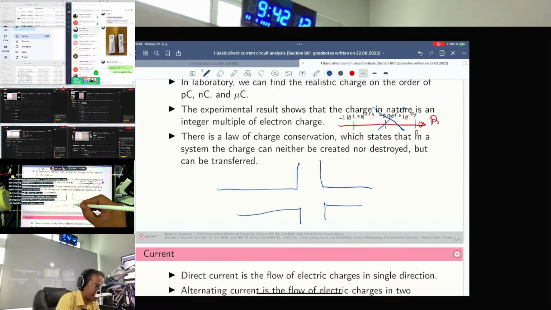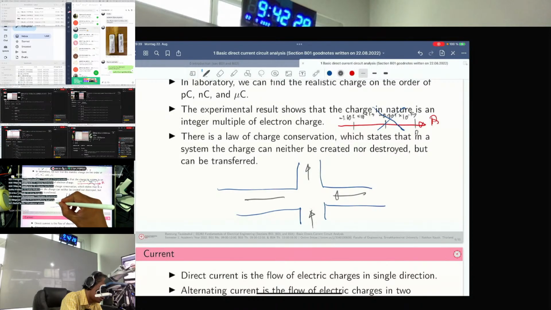Okay, you have a junction like this, and if there is a water flow rate for water flow, and this one, and this one, and this one.